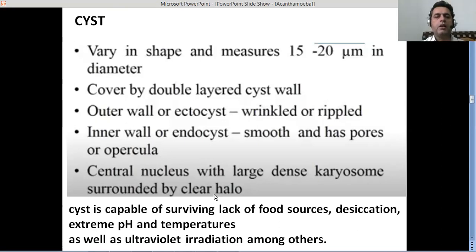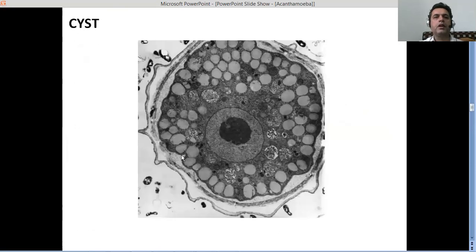So the cyst is capable of surviving lack of food sources, desiccation, extreme pH and temperatures, as well as ultraviolet radiation, among others. These extreme conditions could be tolerated by the cyst form, which is covered by a double-layered cell wall.